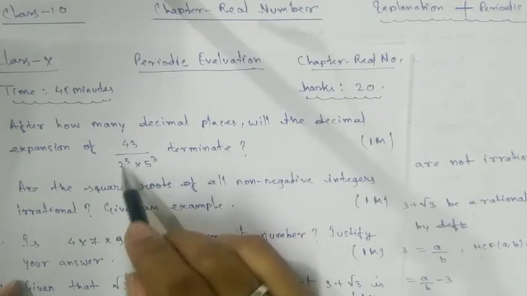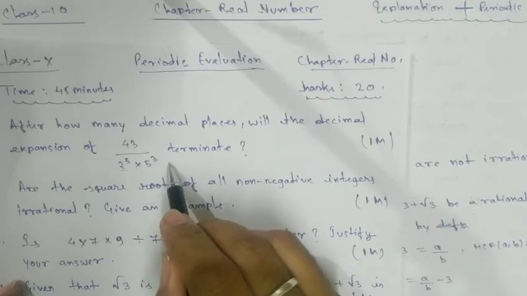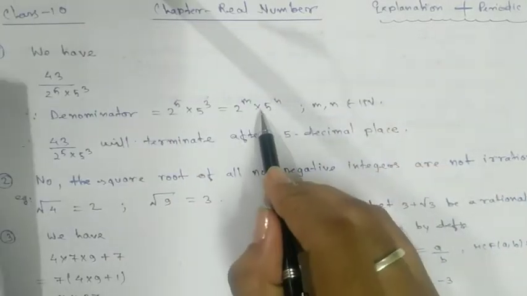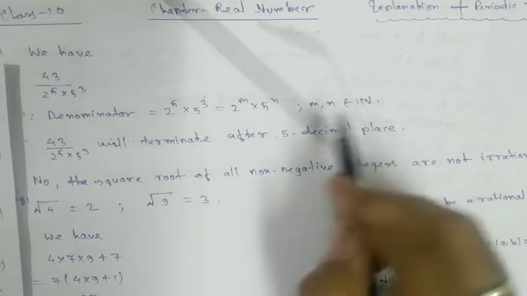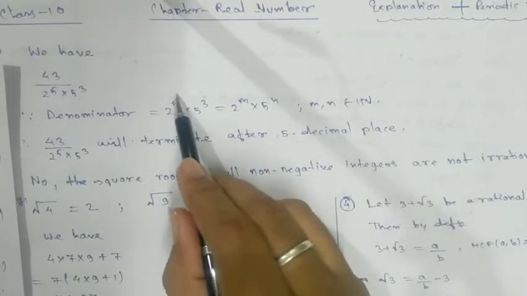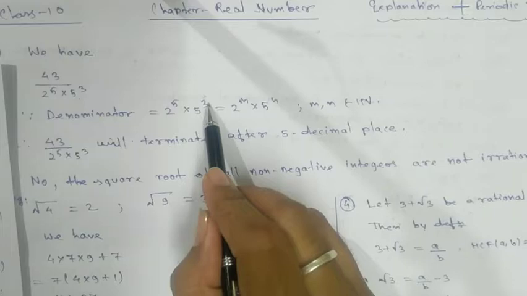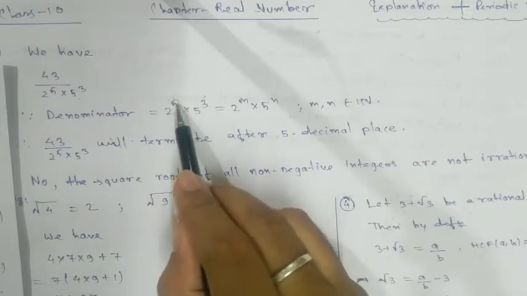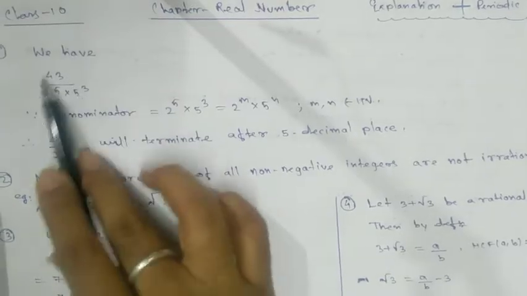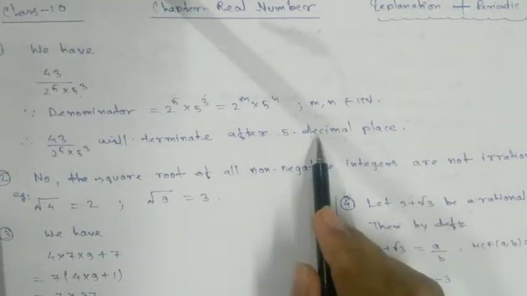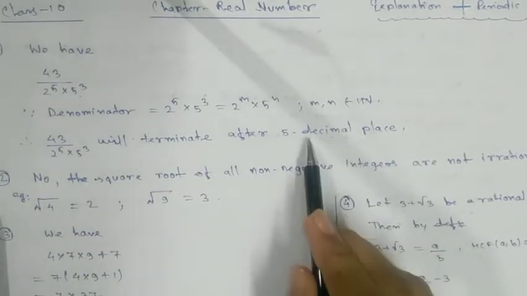Look here, the denominator is already in the form of 2 to the power m and 5 to the power n, for m and n belonging to natural numbers. Now look at the powers and which one is the highest. Here the larger one is 5, so this will terminate after the 5th decimal place.